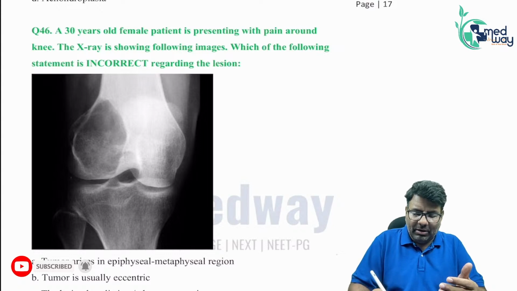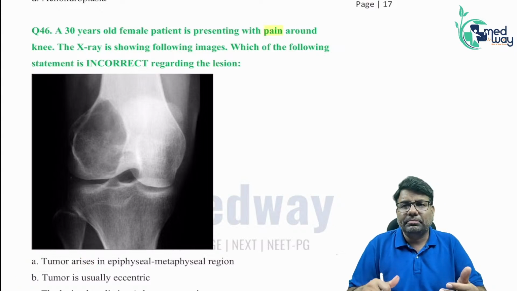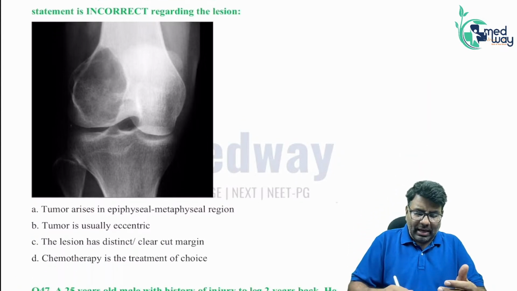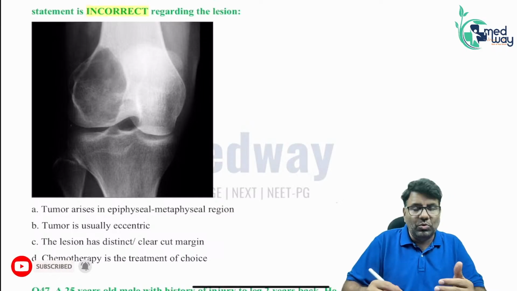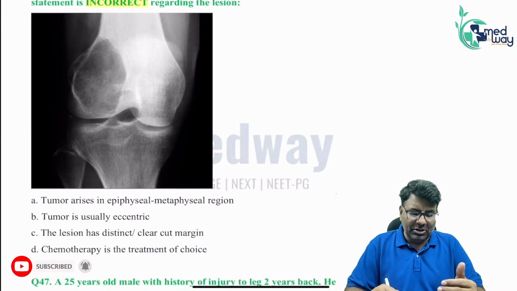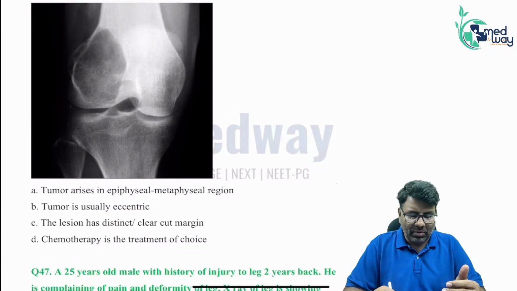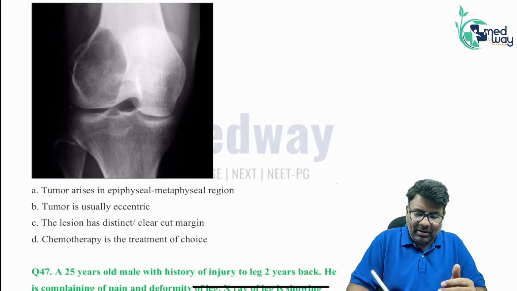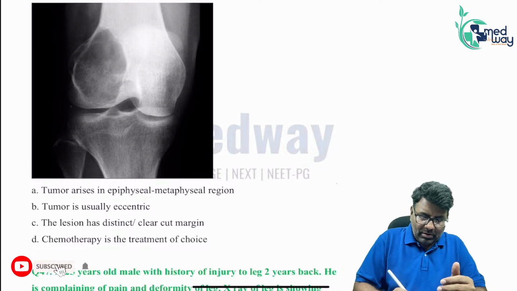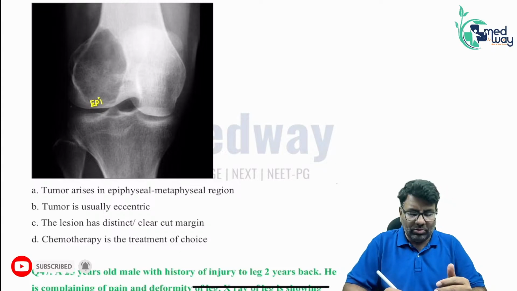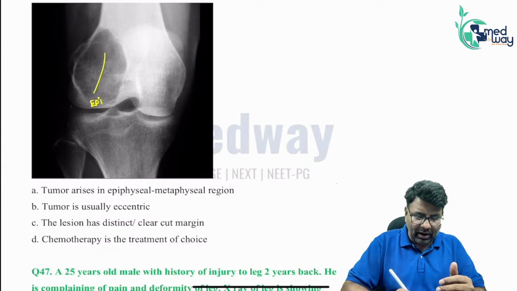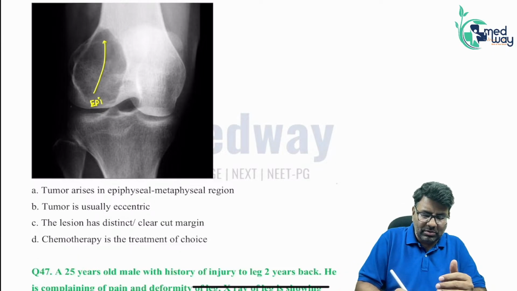The next question: a young female is having pain around the knee joint, and the X-ray was done. Now, which is a true statement for the condition shown in the X-ray? What we can see here, number one, this tumor is originating somewhere around the epiphysis, and then it is migrating towards the metaphysis.